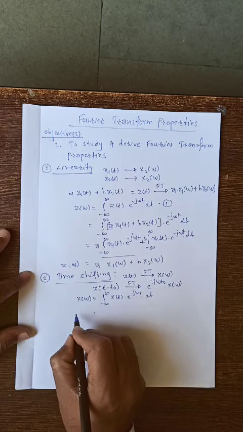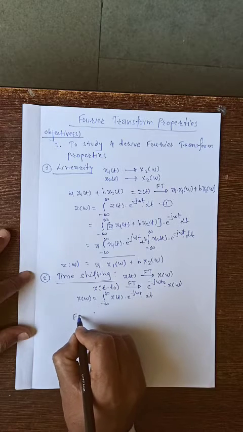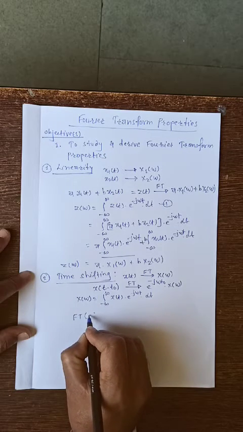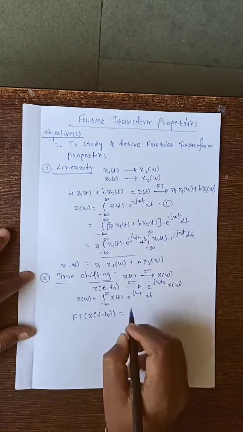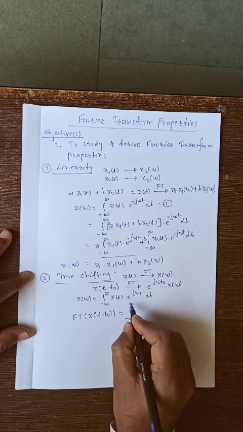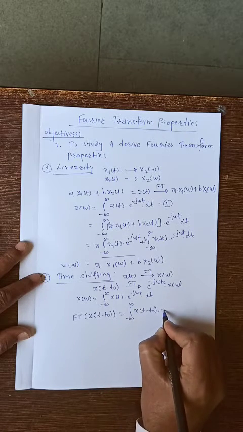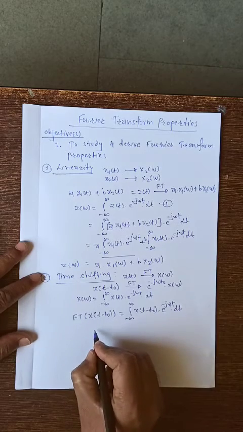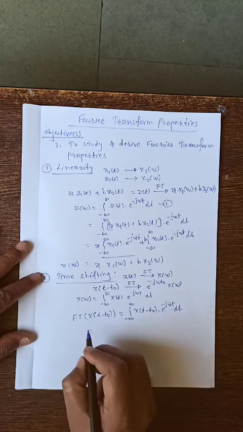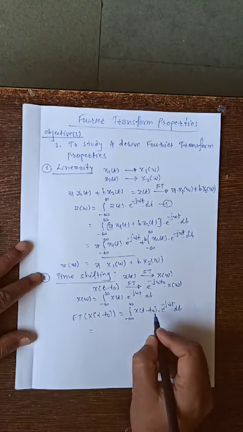So the Fourier transform of x(t minus t naught) is equal to the integral from minus infinity to plus infinity of x(t minus t naught) e^(-j omega t) dt. So this is the shift in time, x(t minus t naught).